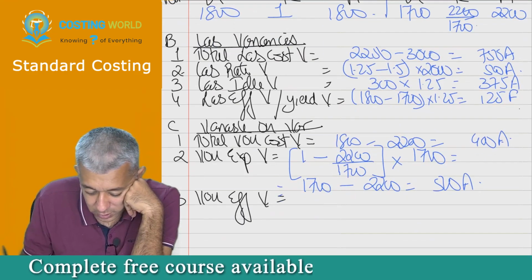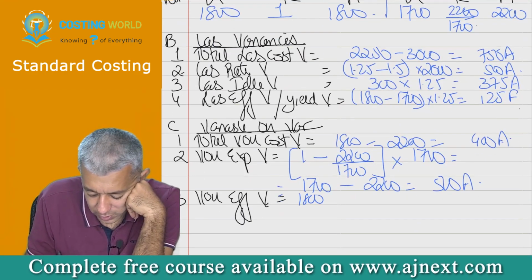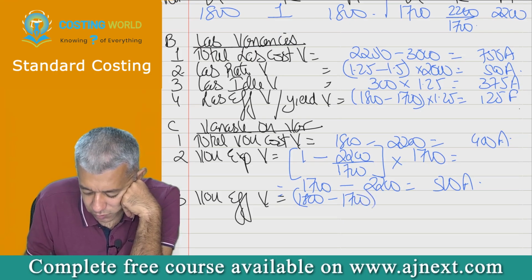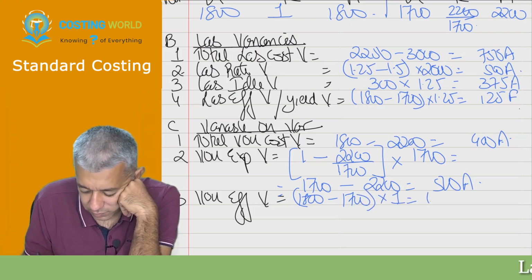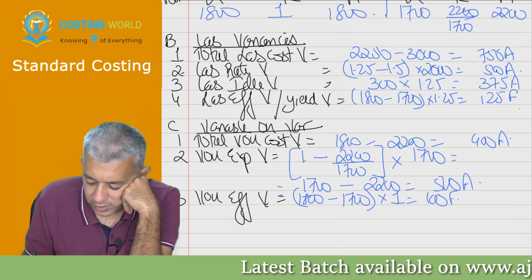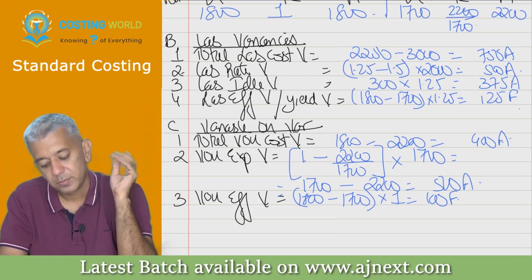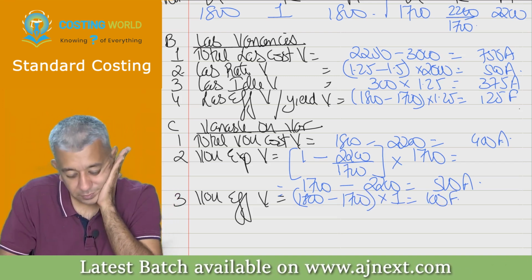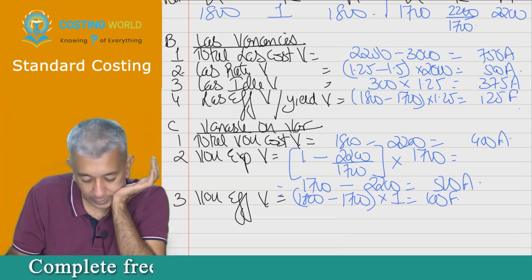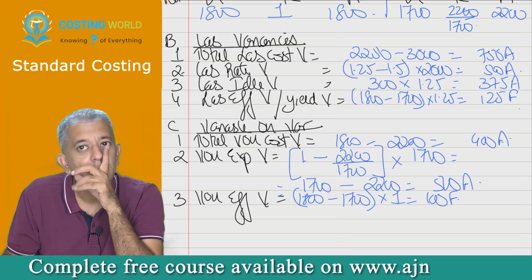So, electricity should have been used for 1800 hours. It was used for 1700 hours at the rate of 100 favorable. You can write down the check if you all want. Done?